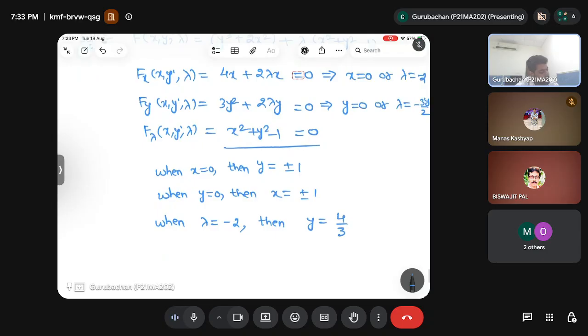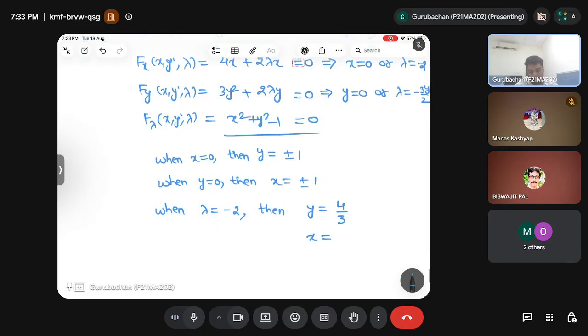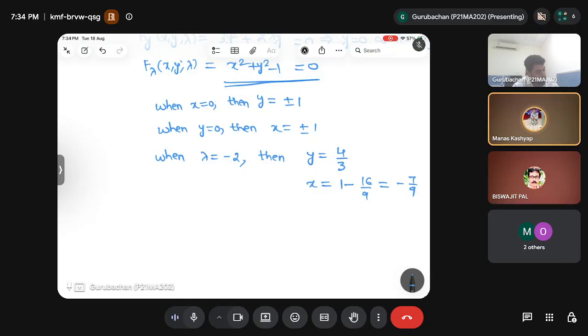If y is 4 by 3, then from the constraint, x square is equal to 1 minus 16 by 9, which is negative. So will it be possible? No, this will not be possible.